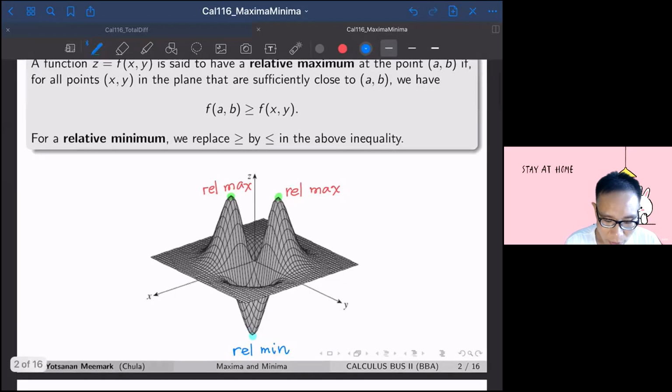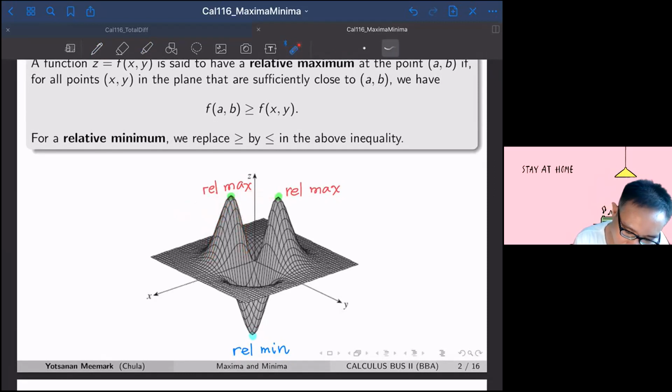The way to determine the relative maximum and relative minimum is to find the first partial derivatives. If you find the partial derivative with respect to x, so y is a constant, the slope of the tangent line turns out to be equal to 0.